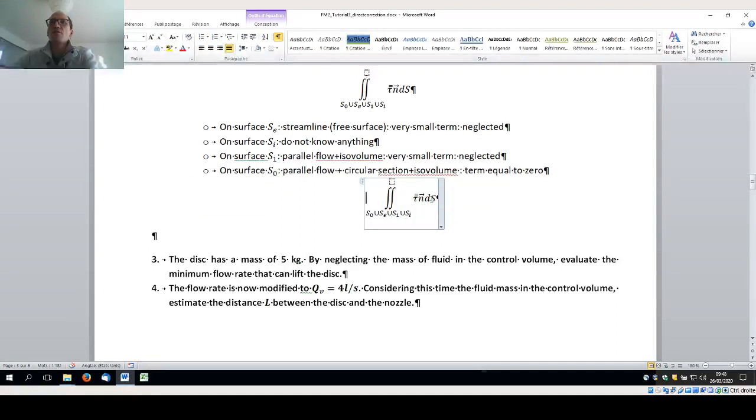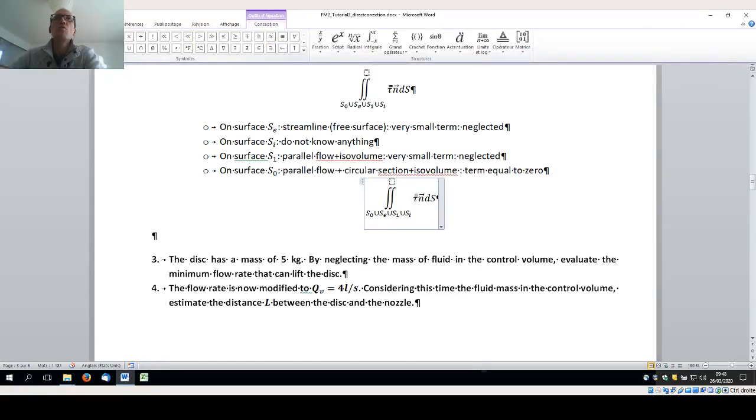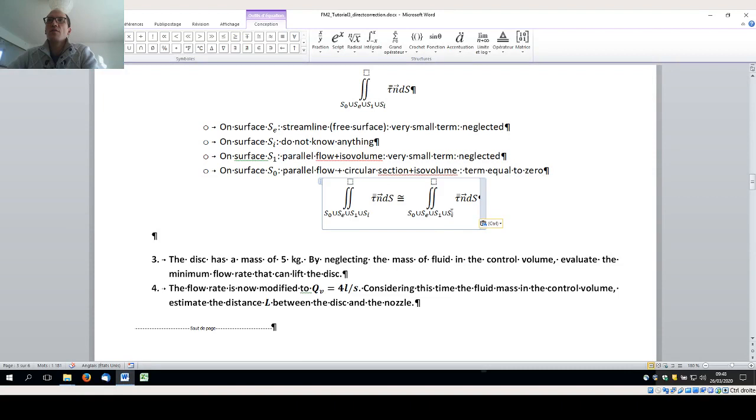You can say that this is almost equal to what's happening on only the surface in contact with the solid surface.